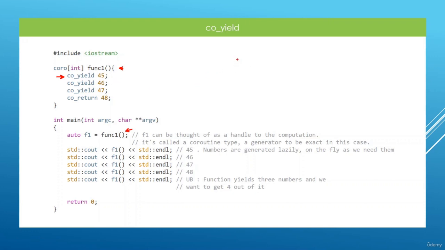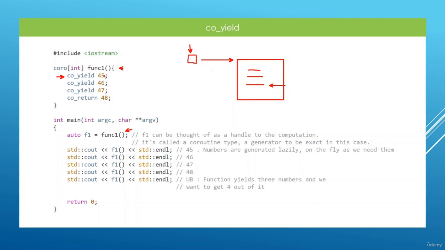So the state of this function is going to be stored somewhere on the heap. We are going to store the parameters. We are going to store the local variables, and we are going to store the resumption point where we're going to start execution when this guy is resumed. And we don't want to forget the coroutine handle that we're going to use to resume this function if we happen to need that. This is really important to remember.